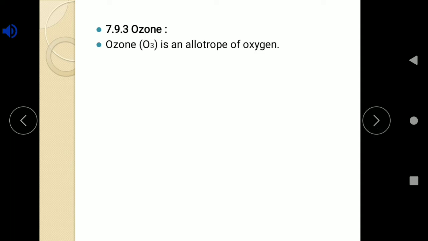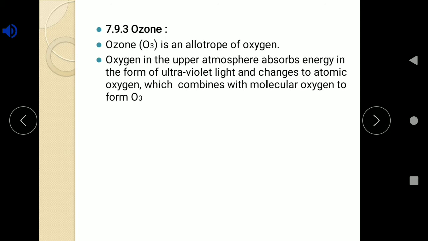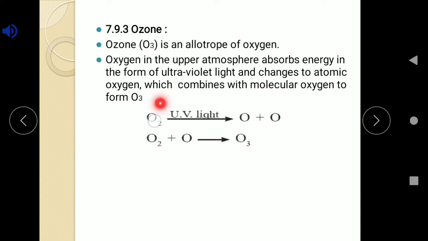As you all know, ozone with molecular formula O3 is an allotrope of oxygen. In nature, it is present in the upper atmospheric layer where two reactions are going on simultaneously.